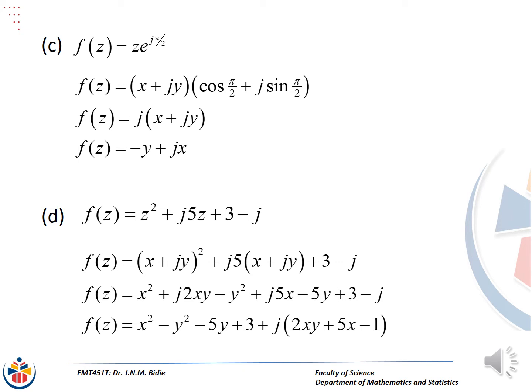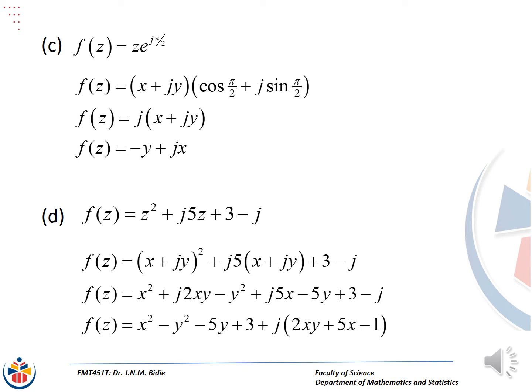Recalling, or you can even use your calculator, cos pi over 2 is 0 and sine pi over 2 is 1. So the answer for this bracket is j. Then we just multiply out by j, and we get the real term now to be negative y and the imaginary term to be x.